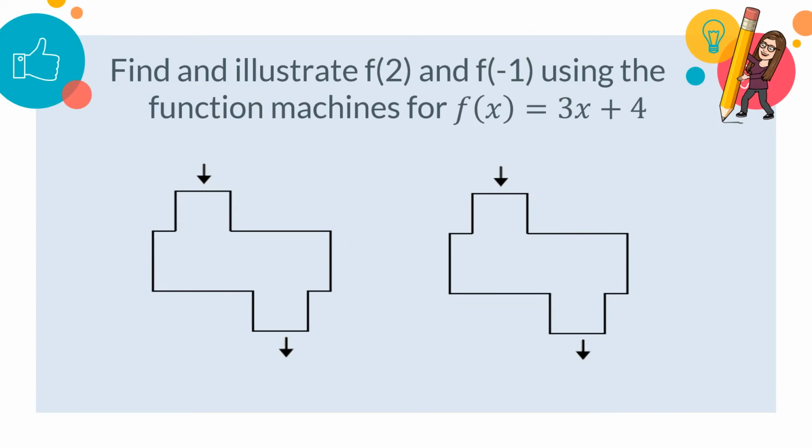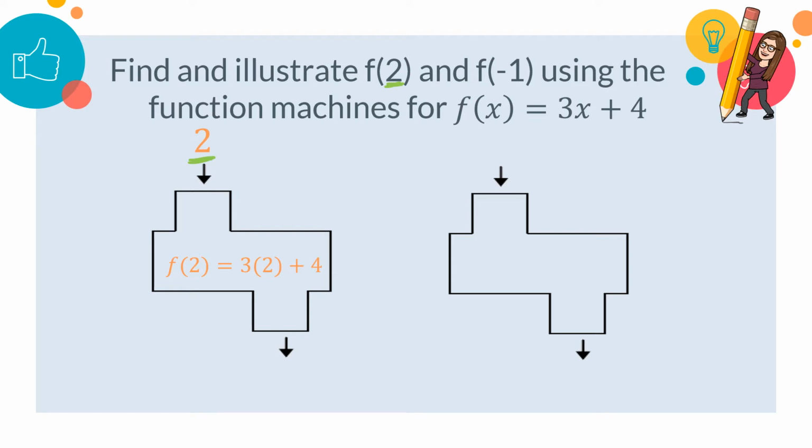Now, the easiest way to talk about functions and calculating using the rule is to think of a machine. Okay, so let's say it says f of 2. So my first machine says, hey, instead of x, let's plug in a 2. Well, where am I going to plug the 2 in? I'm going to plug it into the rule. So the rule says f of x equals 3x plus 4.